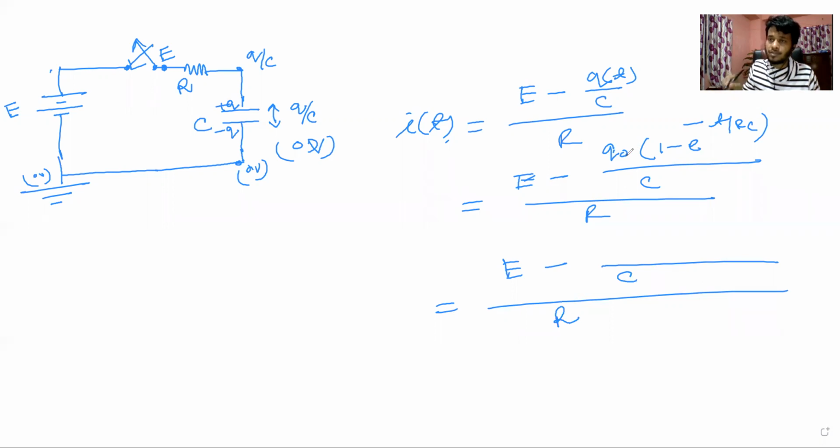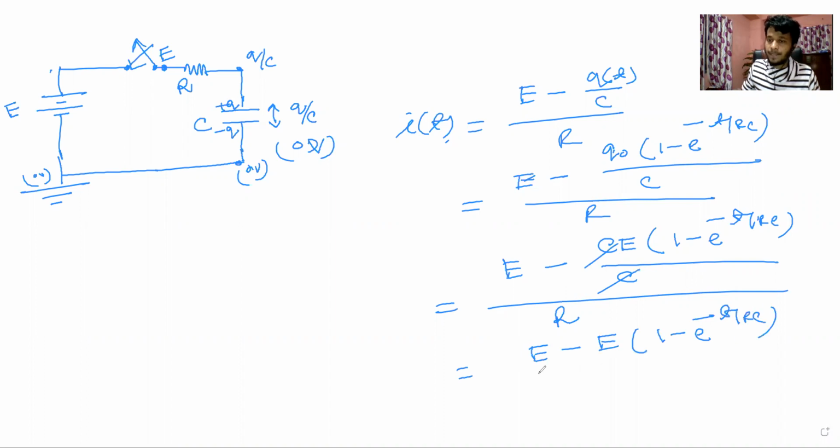Q naught is the maximum amount of charge on the capacitor under steady state condition, and Q naught equals CE, isn't it? Yes sir. So C and C will cancel each other. Fine. So it can be written as E (1 minus e to the power minus t by RC) upon R.